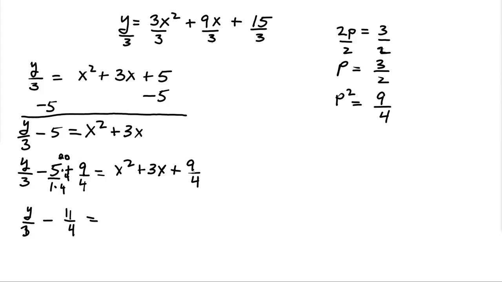This is now a perfect square that factors into x minus p, so x minus 3 halves, squared. Now I just have to bring everything back onto the right, so add 11 fourths.